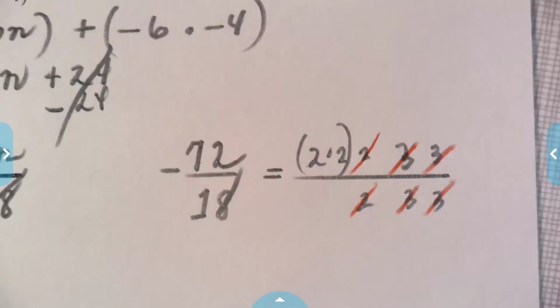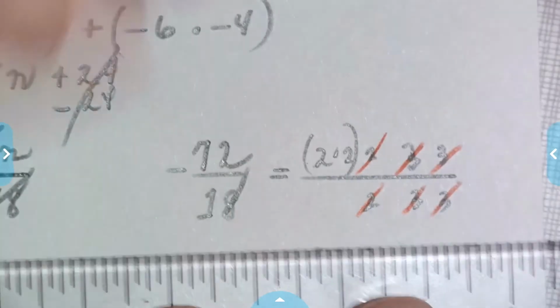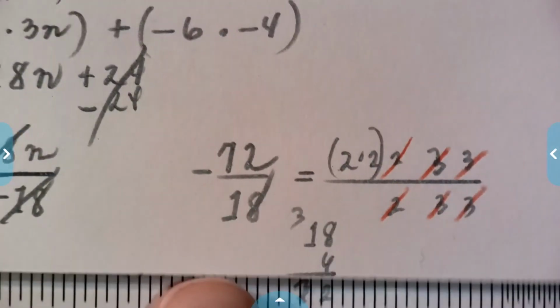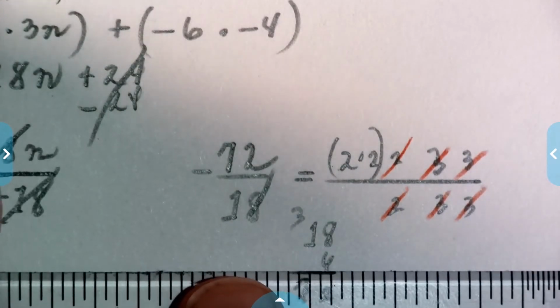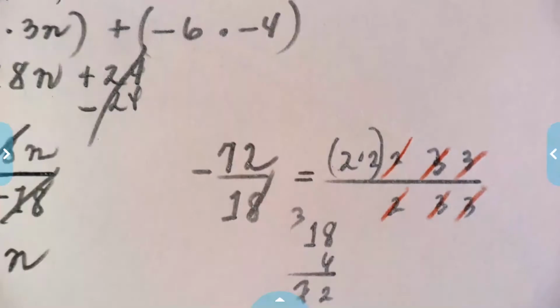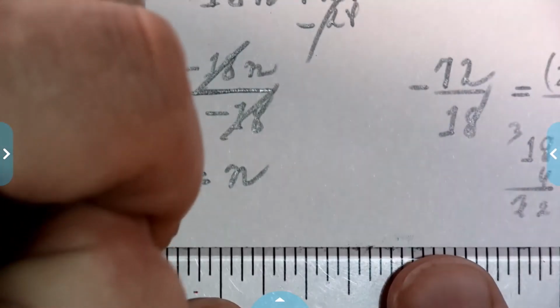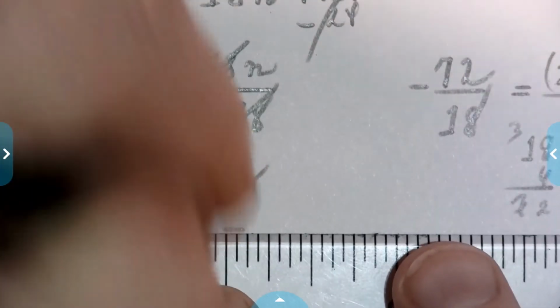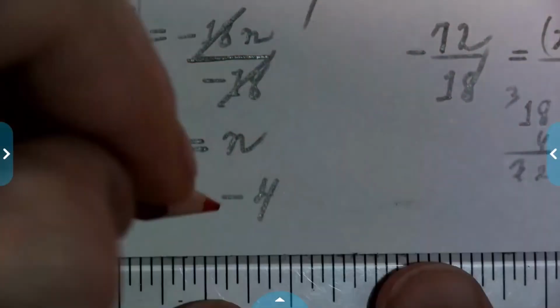And it leaves behind 2 times 2, which is 4. So negative 4 should be the answer. And just to check that, we'll do 18 times 4 and make sure we get 72. And we do. So negative 4 equals n. And the other way to write that is n equals negative 4. Those are identical. You're allowed to do that.